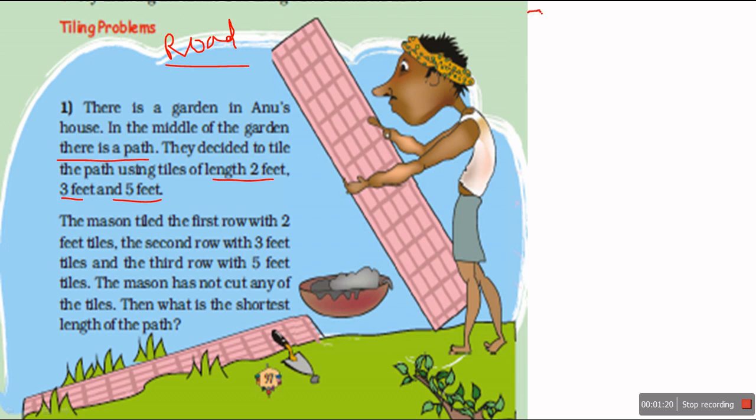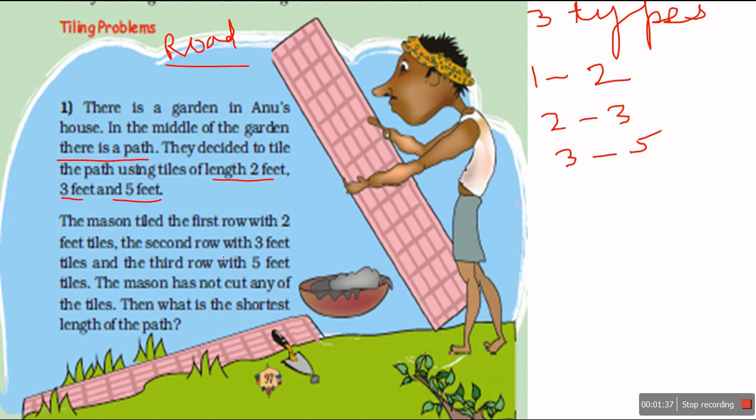They have three types of tile. First is 2 feet. Second type is 3 feet. Third type is 5 feet.